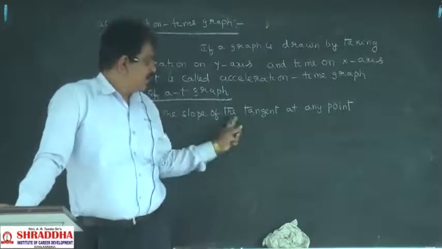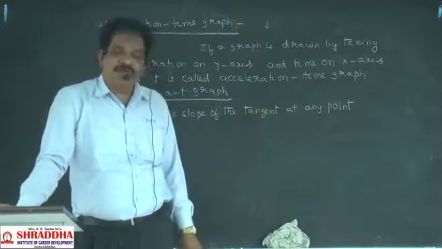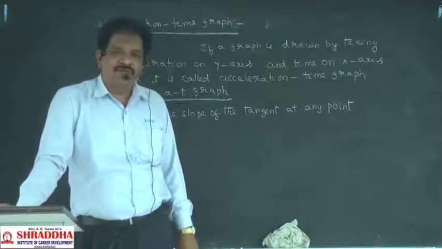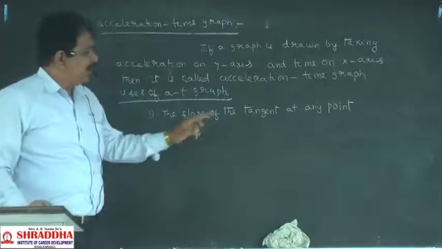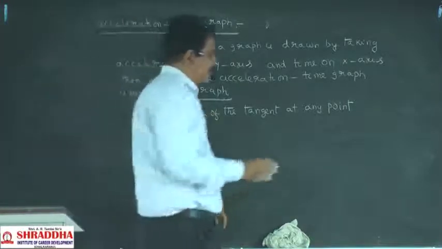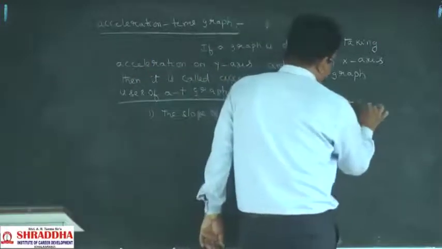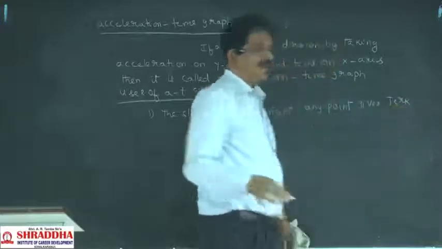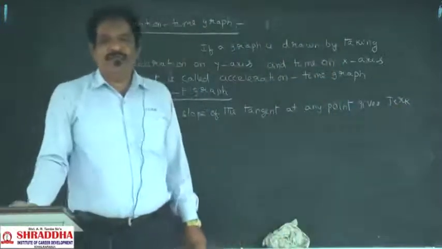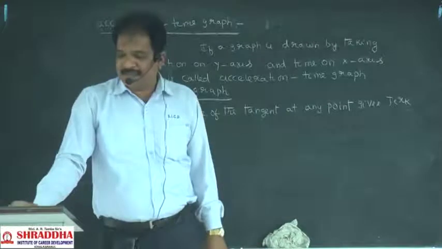The slope of the tangent at any point for velocity time graph will give instantaneous acceleration. The slope of the tangent at any point gives jerk. Jerk means acceleration by time, that will be called as the jerk.